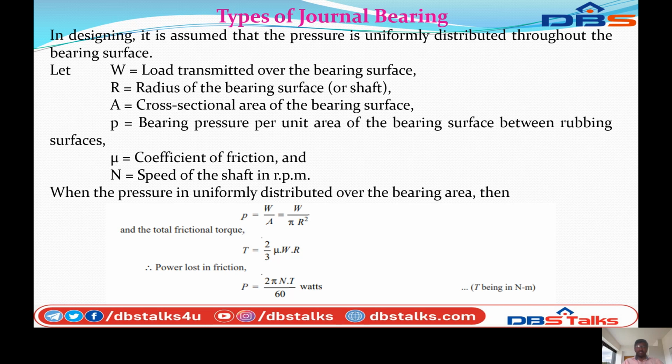Since T is in Newton meter, the frictional torque T is equal to 2 by 3 into mu into W into R. So finally you can calculate the power loss in friction P equal to 2 pi N T by 60 in watts. The unit of power is watts. The unit of torque is Newton meter.